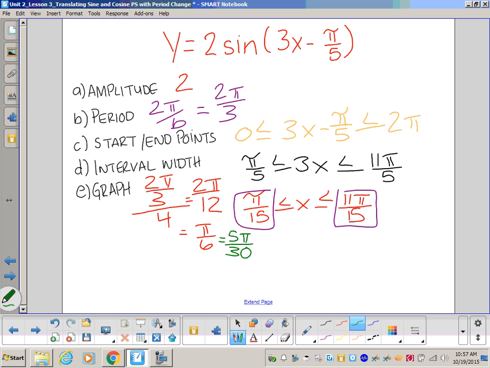To multiply by 6 to get to 30, I multiply by 5. So I multiply the top and the bottom by 5. 5 pi over 30 is the same as pi over 6. Pi over 15 is the same as 2 pi over 30.